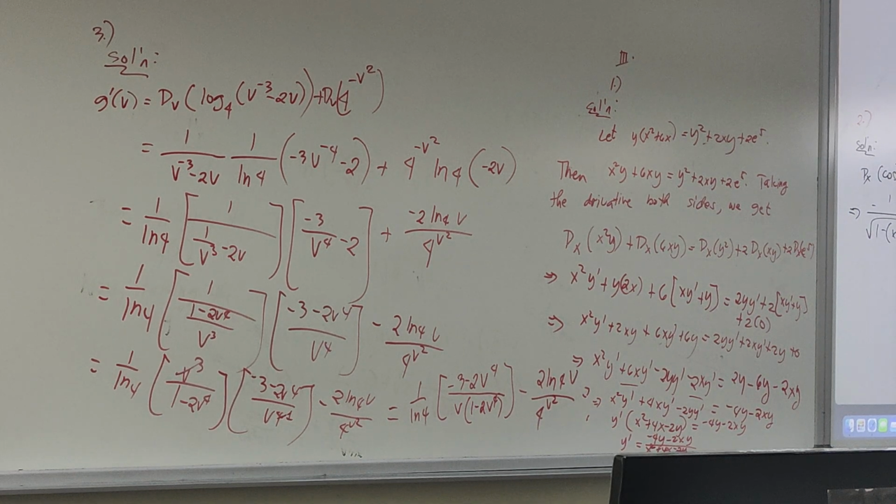So xy times square root of 3 times y prime plus xy prime plus y, plus 0.